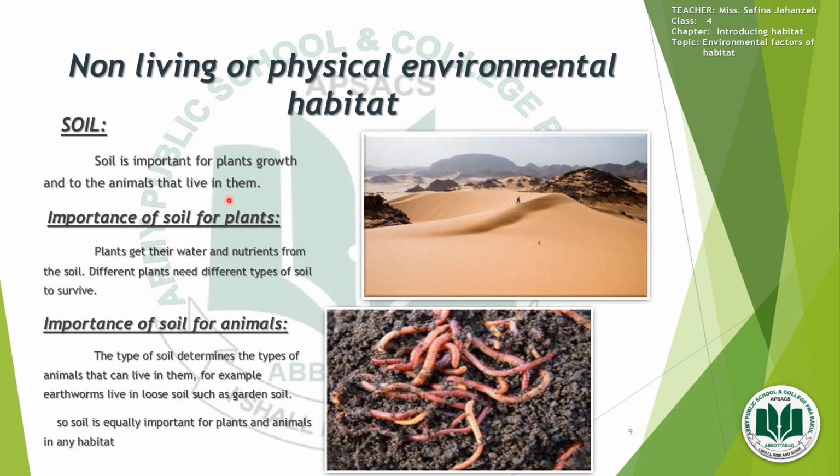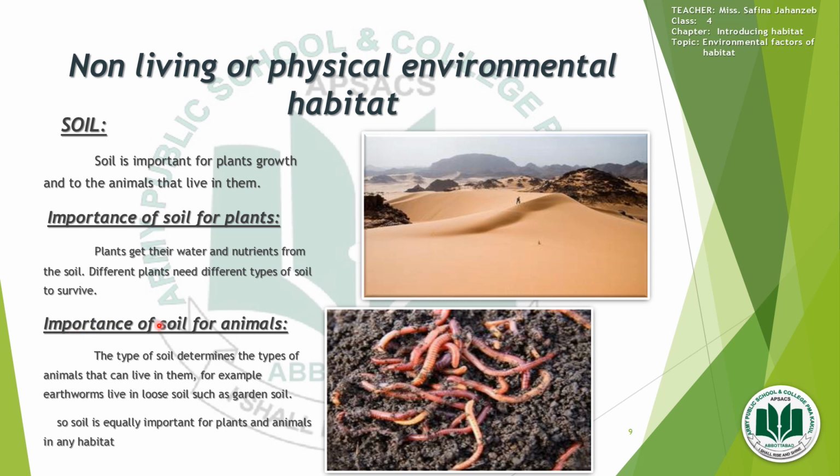Soil is important for plants' growth and to the animals that live in it. Importance of soil for plants. Plants get their water and nutrients from the soil. Different plants need different types of soil to survive.